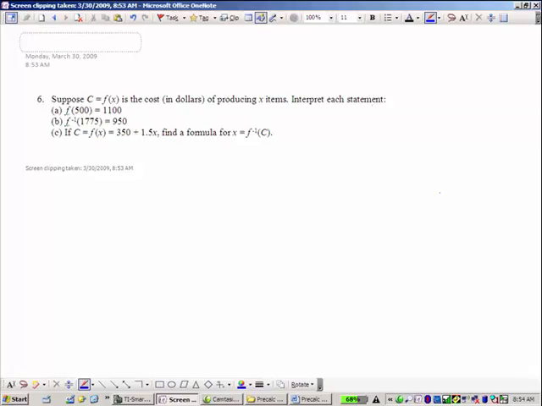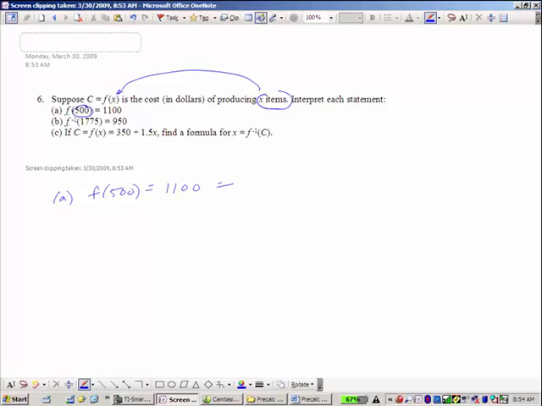All right, so let's see. F of x is the cost in dollars of producing x items. So what does f of 500 equal 1100 mean? What does that mean? Corinne, what do we have? All right, x is the number of items, so that's this part.